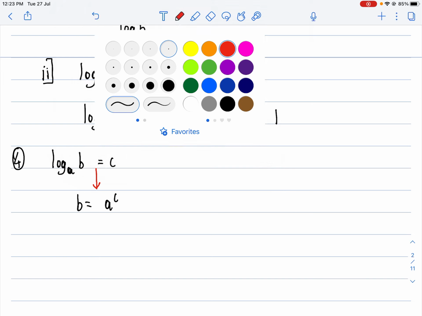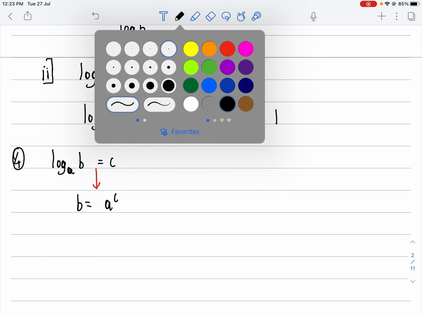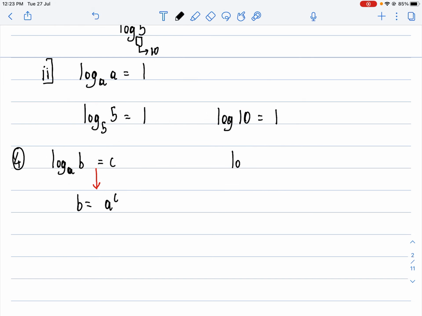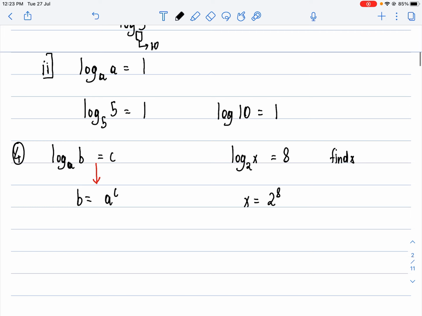So let's say I have log of x with the base 2, which is equal to 8, and they ask you to find x. That's simply x equals 2 raised to 8. Clear with this log property?